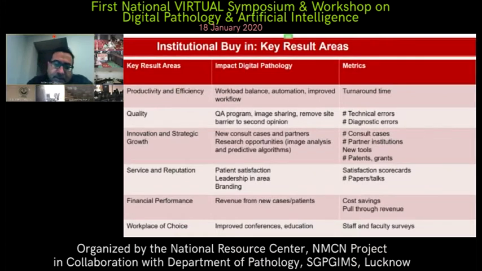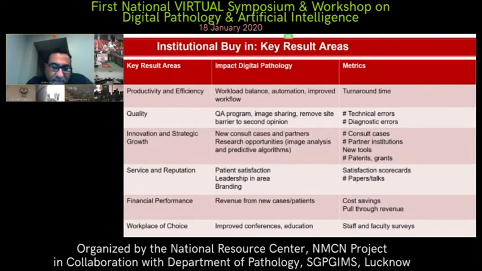Service and reputation is another area that we are focusing on. Can we improve patient satisfaction? Can we improve our leadership in this area? Can we improve our brand? We're looking at satisfaction scorecards. We've done surveys. We looked at the number of papers and talks presented on the subject.